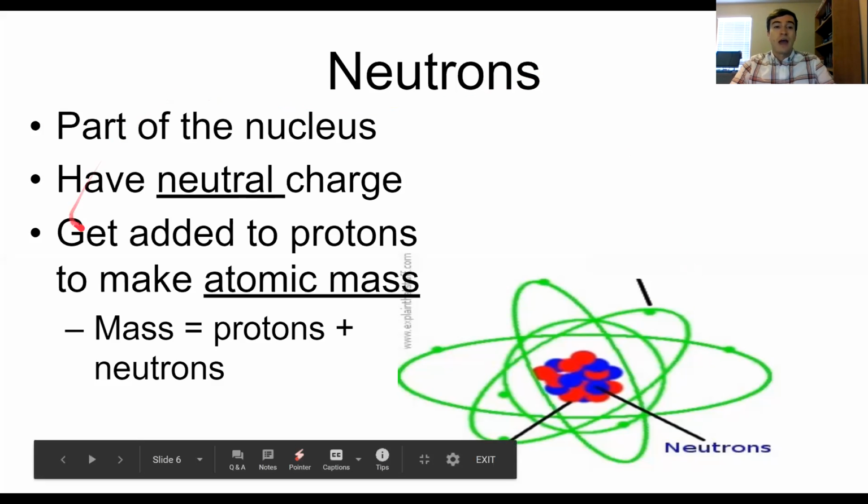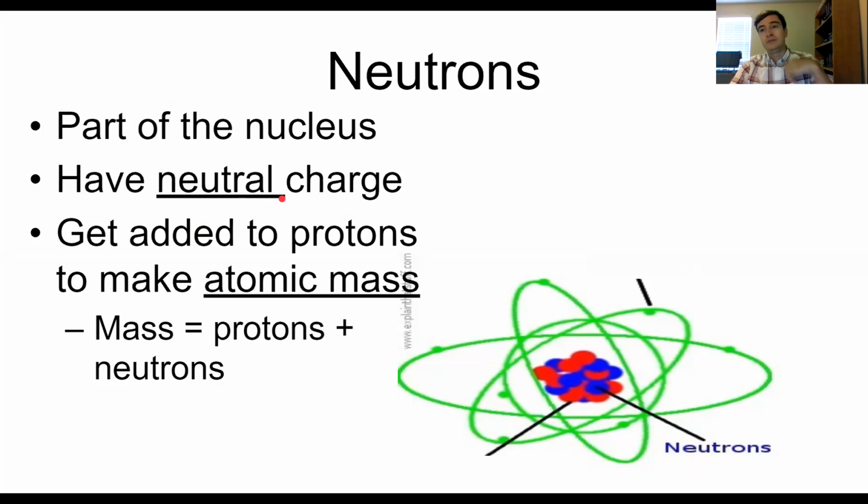So neutrons have a neutral charge. So essentially they have a charge of 0. So protons are positive, they get a plus. Neutrons are neutral, no charge. So people get tripped up with this all the time because they think that if the protons are the positives, then the neutrons have to be the negatives. And that's not true. That's bad. Don't think like that.